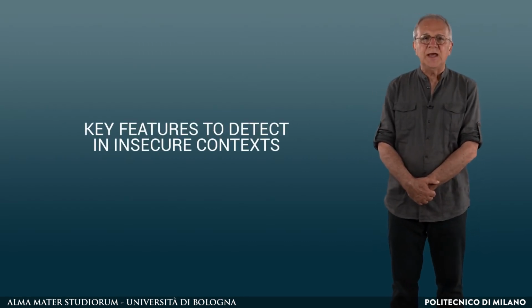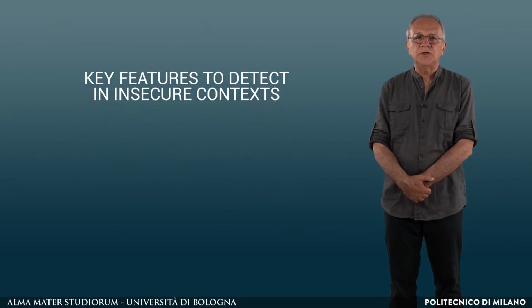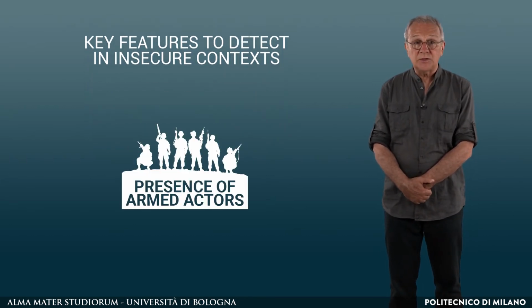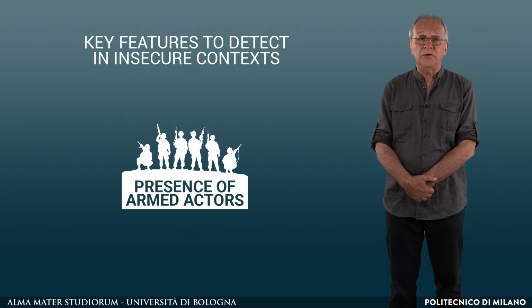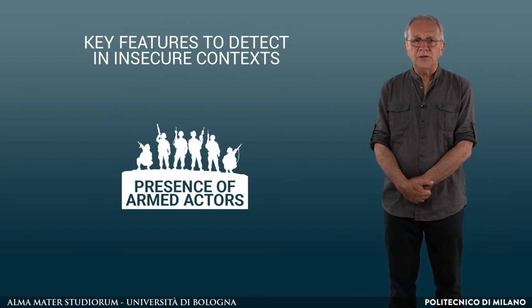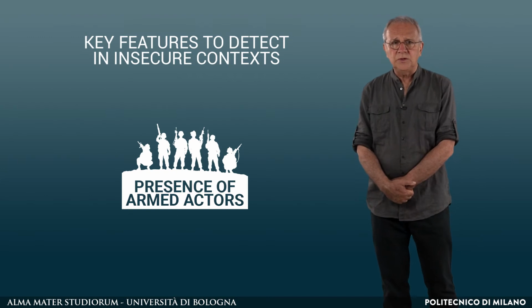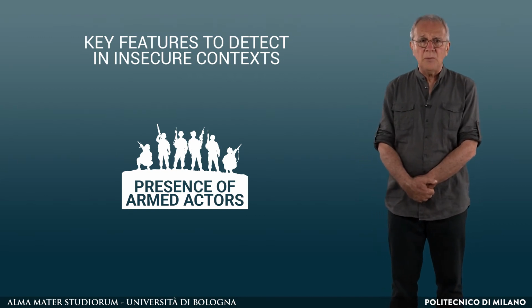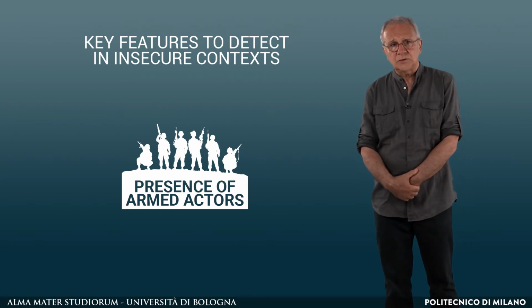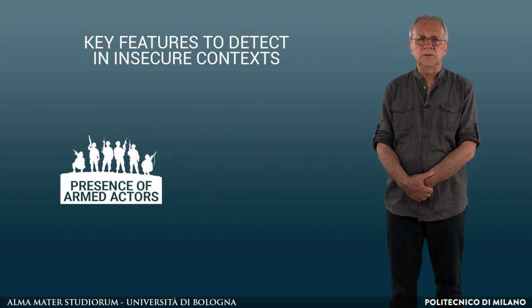Key features to detect in an insecure context are the presence of armed actors, which may result in intentional physical and psychological harm, restricted access to people in need, and a high degree of insecurity with its associated emotional impact: denial, suspicion, fear, and panic.